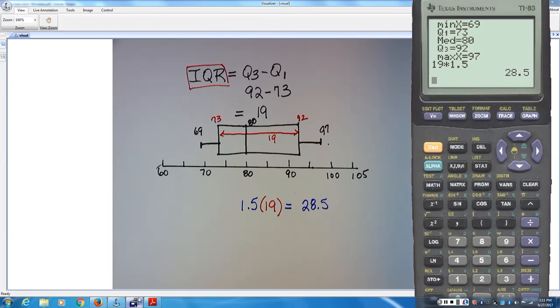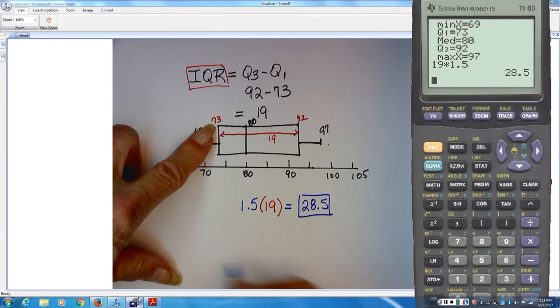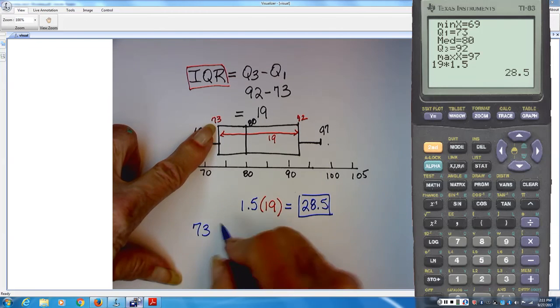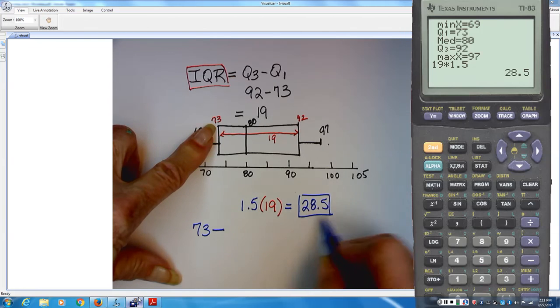And then what you want to do with that 28.5 is take your lower quartile, your Q1, and subtract 28.5 from it.